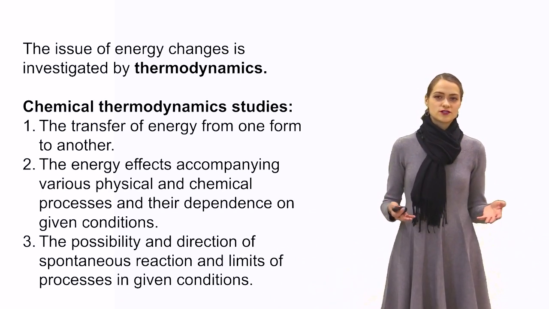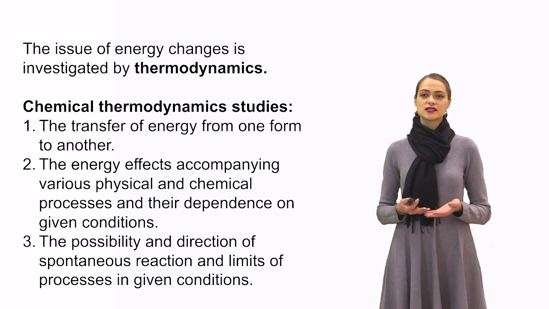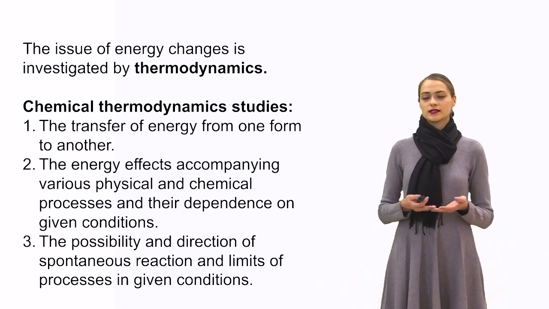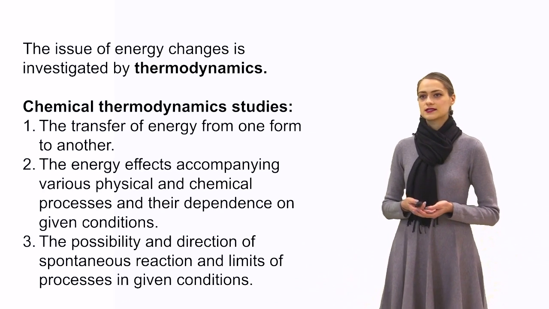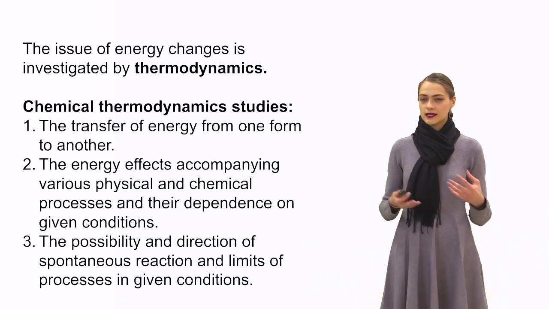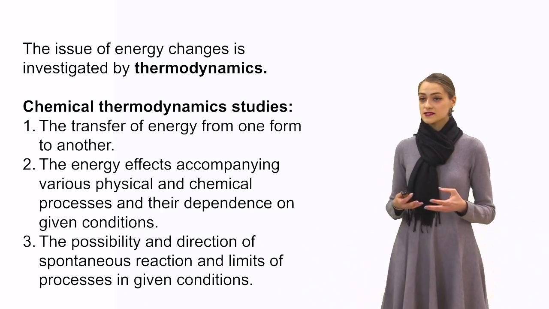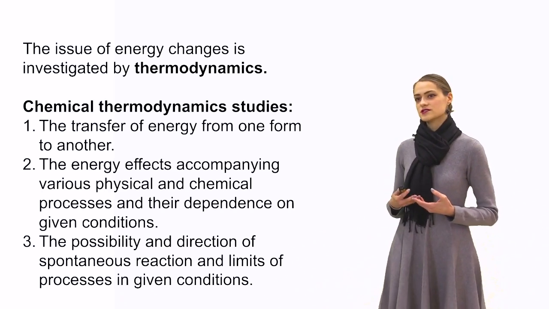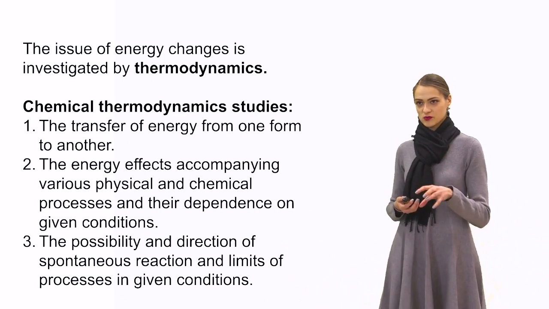So the issue of energy change we study in thermodynamics, and thermodynamics as a science was formed in the 19th century when the scientist Carnot studied the heat machine, and he investigated the dependence between work, heat, temperature, so he made a physical dependence, but just then all physical positions, physical operations we put on chemical reactions, chemical processes.